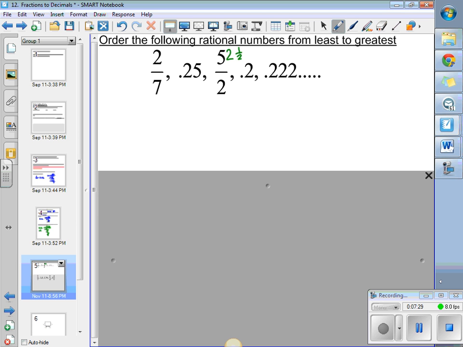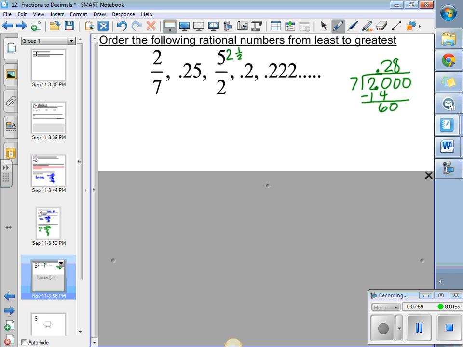2 divided by 7. I didn't give myself much room there. Can I move that all down? I can. All right. So that's 2, 14, 6, 8.